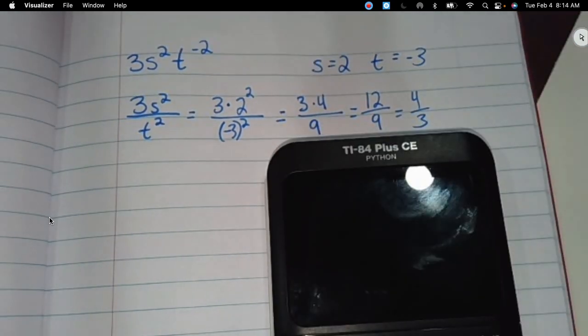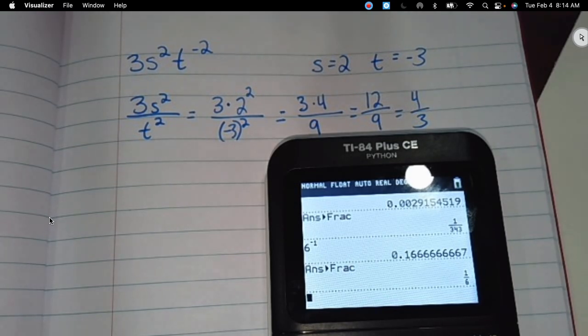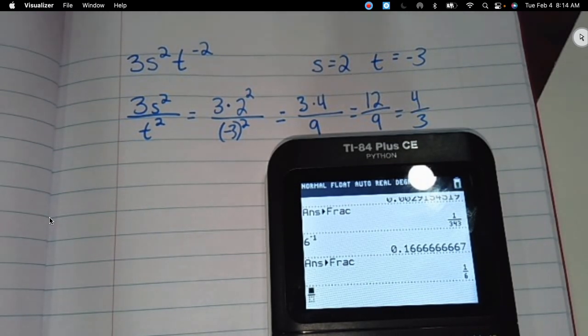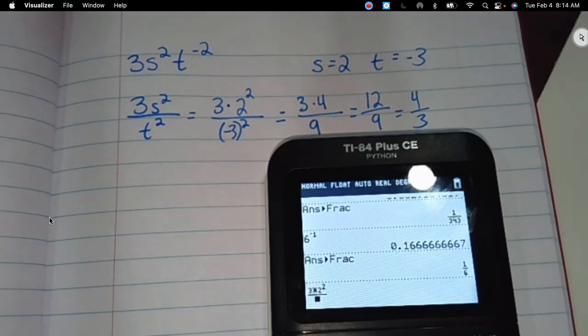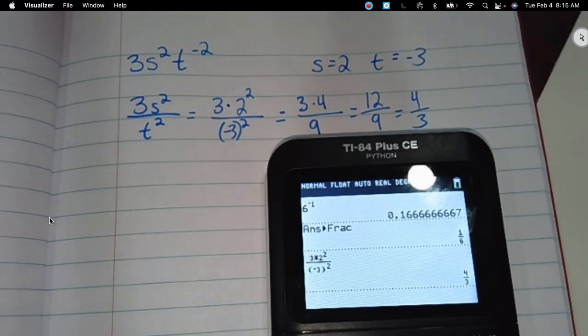I'm pretty sure if you have a newer calculator, you can do a fraction bar, and you could do 3 times 2 squared over negative 3 squared. Okay, and then press enter, and guess what it gives you? The answer. All right, see how these calculators are fantastic? It did all the work for us.